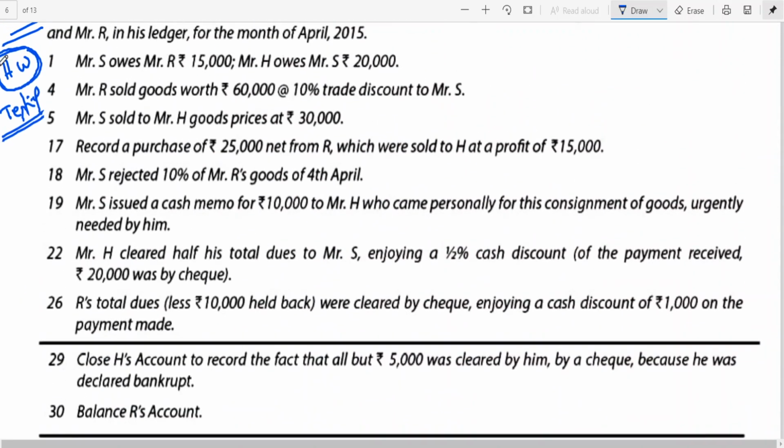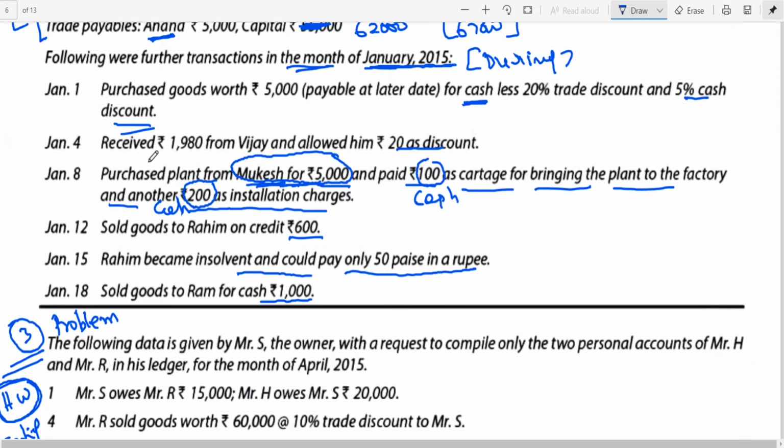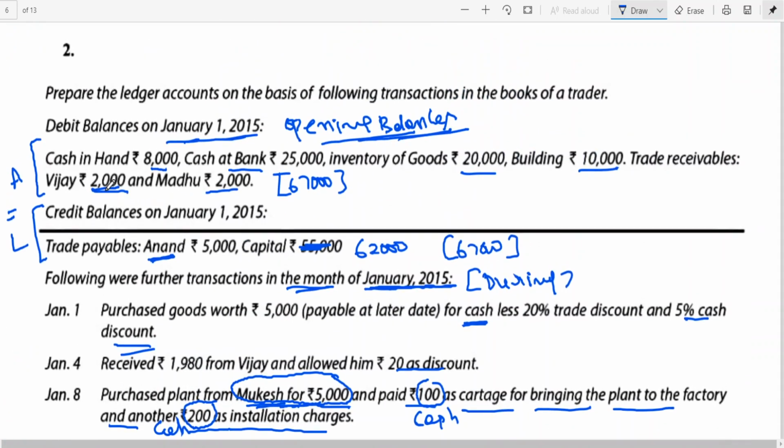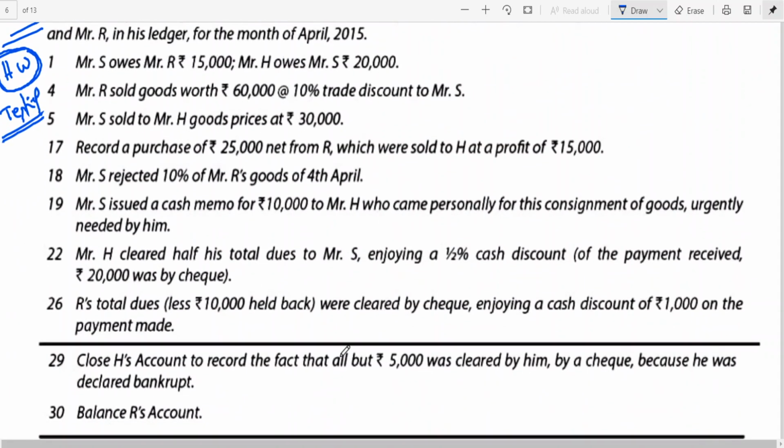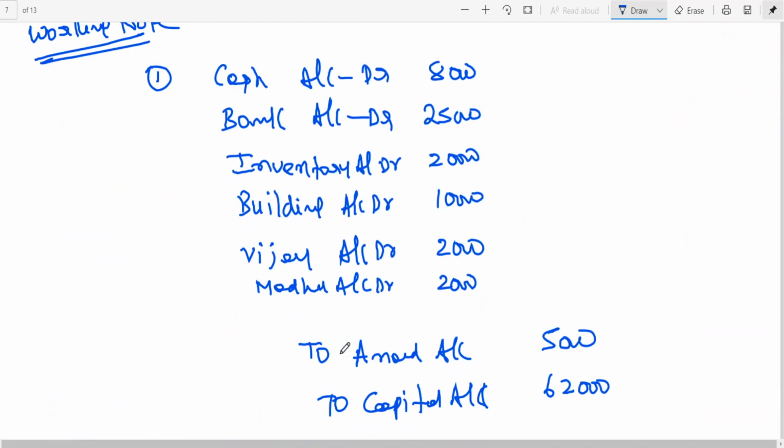The next entry. Received 1980 from Vijay and allowed him discount. Actually, how much you are supposed to receive from Vijay? 2000. But how much you are receiving? 1980. What is the difference? 20 rupees is discount allowed. So here also I am assuming cash is being received.